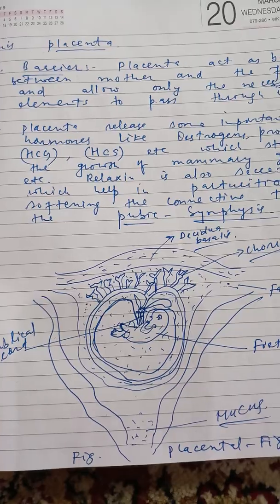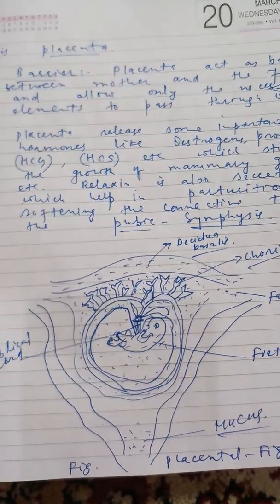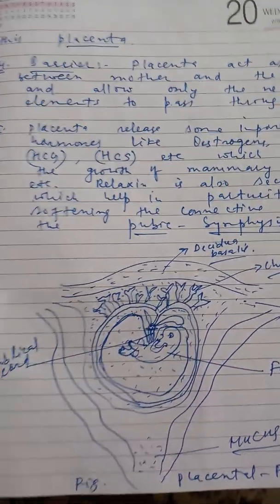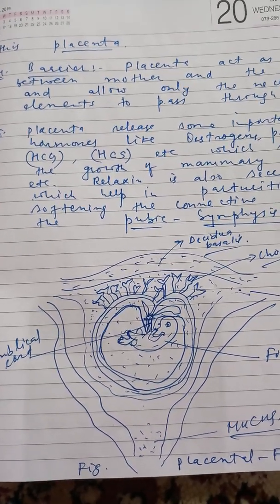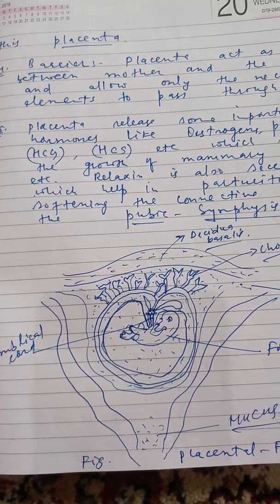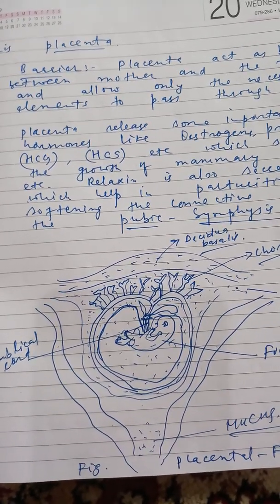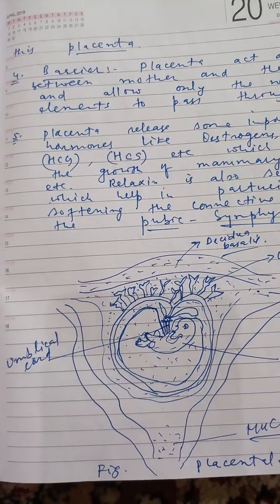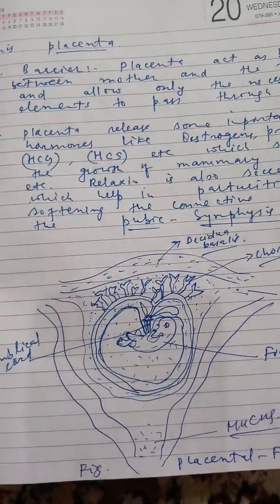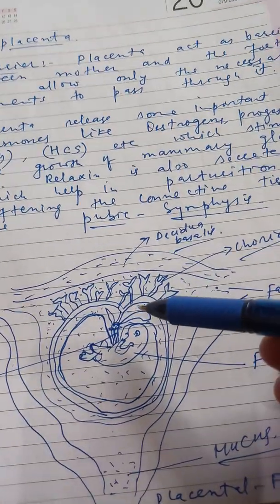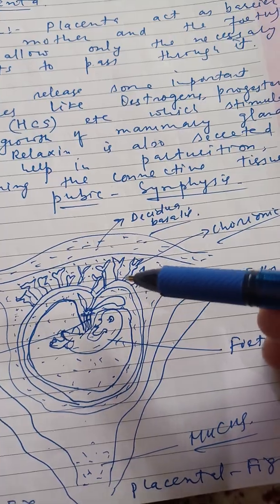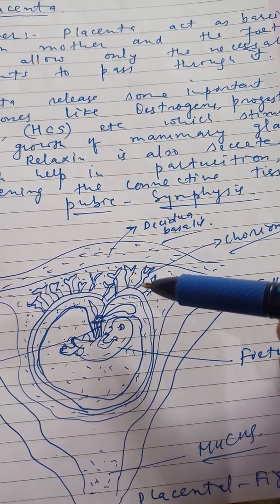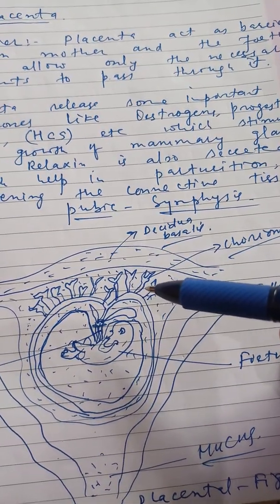It regulates its body temperature, and it also prevents the fruits from desiccation. Desiccation means dryness. But today we may focus on the placenta, as our main topic is placenta. I have told you students that this chorion takes part in the formation of placenta, hence it is also named chorionic placenta.